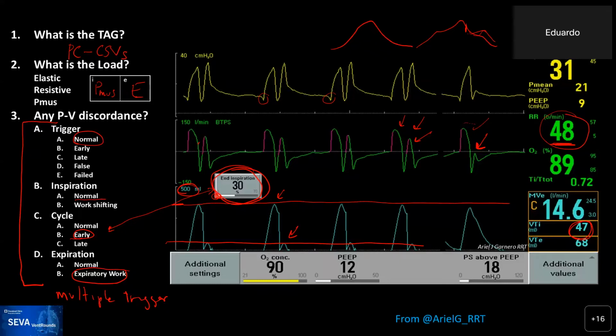For example, if you're using the asynchrony index, you may say, oh, the asynchrony index is elevated in NAVA, but it's all driven by the presence of this double trigger or multiple trigger, and multiple trigger in this patient is not abnormal. It's just a manifestation of how the diaphragm was activating. So really interesting. Any other comments?